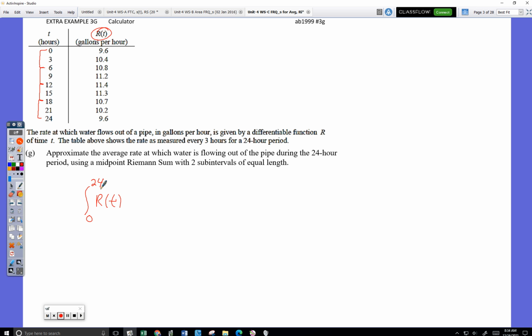Don't write this down, just watch. I'm going to divide by 1 over the time period, like that. But now I'm doing it with 4 subintervals. So we'll go down the rows here. This is not part of the integral, so just write it down, 1 over 24. Oops, I left off the dt, sorry.